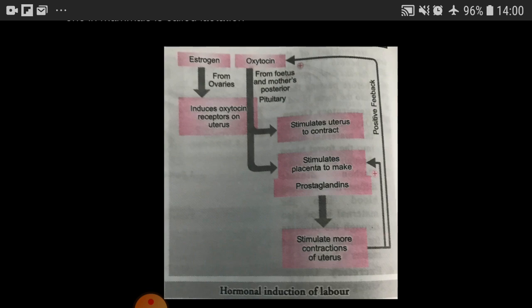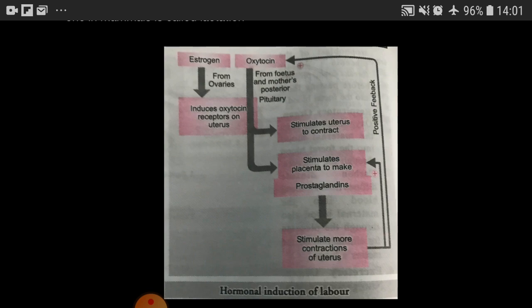Oxytocin from the fetus and the mother's posterior pituitary stimulates the uterus to contract, and it stimulates the placenta to make prostaglandins. These stimulate more contractions of the uterus, and again the positive feedback is for the placenta to make more prostaglandins. This feedback control is positive in nature, and it goes back to oxytocin, and this oxytocin will again stimulate the uterus to contract.